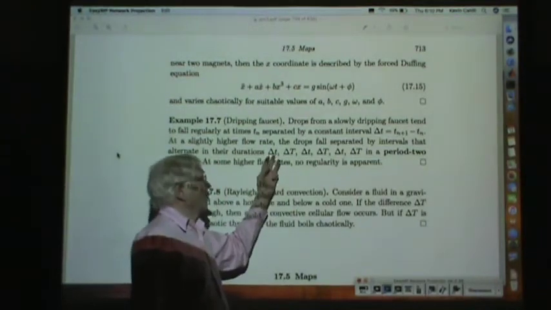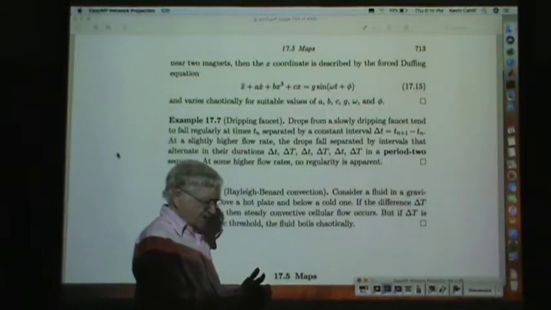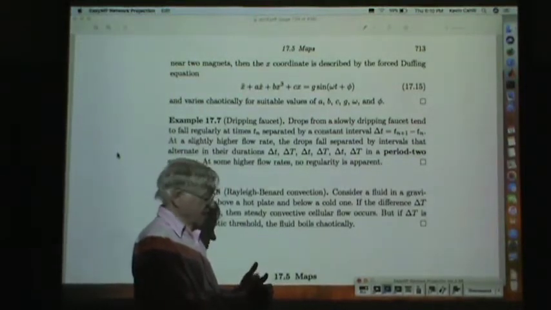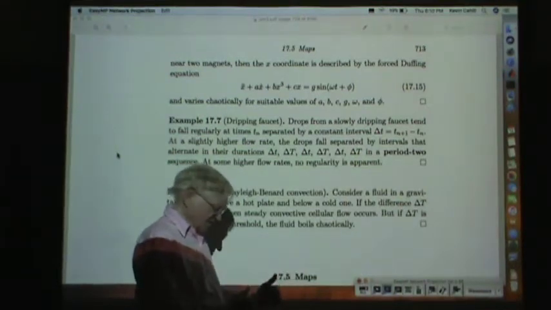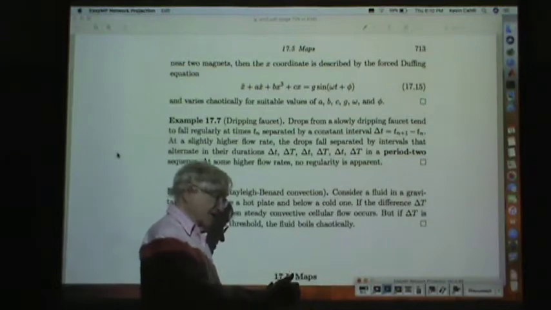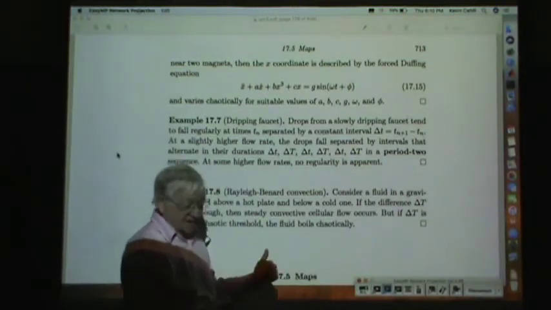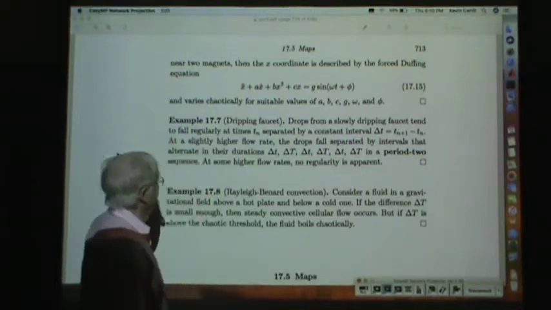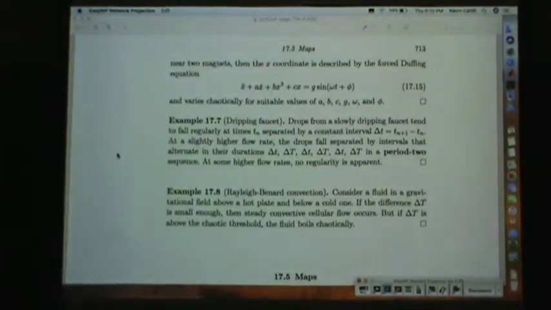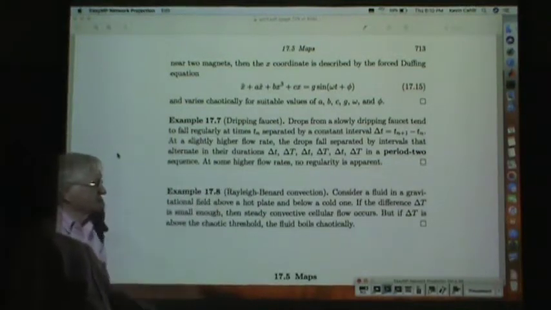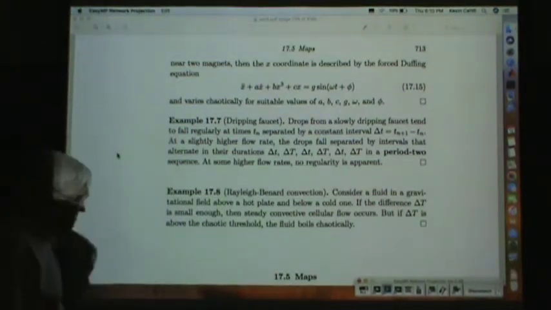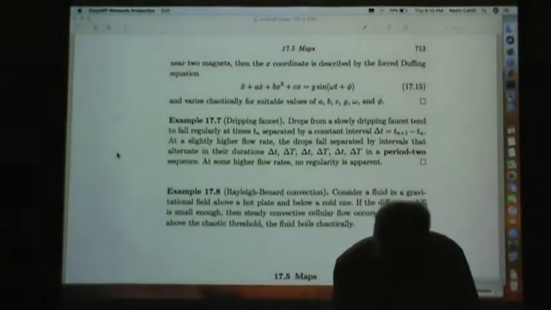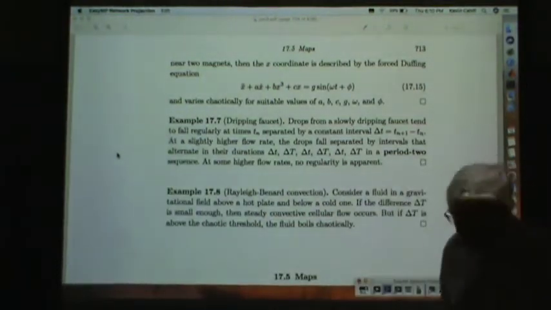So the time between the first and the second drop is one interval, but between the second and third is a different interval, and the third and fourth is back to the interval between 1 and 2. On the other hand, as you turn it to a higher flow rate, you may get period 3, period 4, and at some point you just get no regularity at all. And then there's another famous example, which is Rayleigh-Bénard convection.